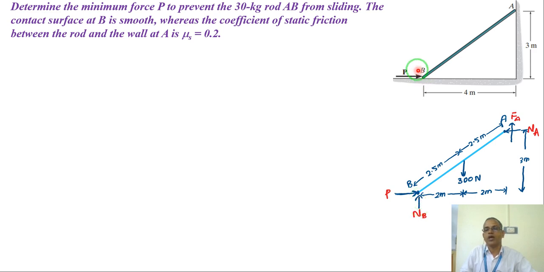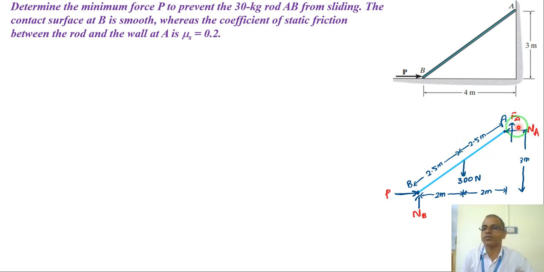And I am also applying a P force this side, and this rod is touching the wall. Now it will have a normal reaction, normal to the surface. Normal means perpendicular to the wall. The wall is vertical, so perpendicular is the horizontal.